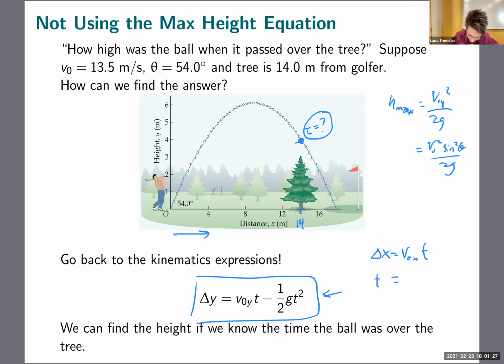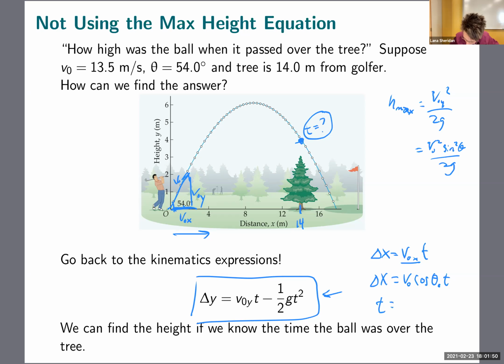Let me go back a step. I can write this way too, V0 cosine theta times T. I'm just replacing V0X with V0 cosine theta. Why? Because I'm looking at, again, the same triangle, but V0X is the adjacent side, so it's the cosine.